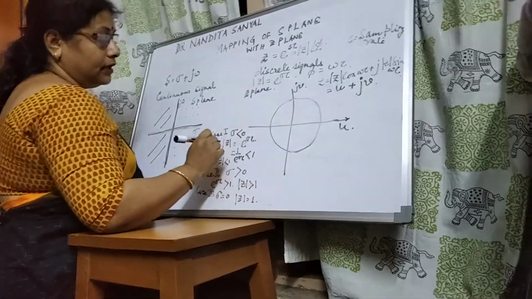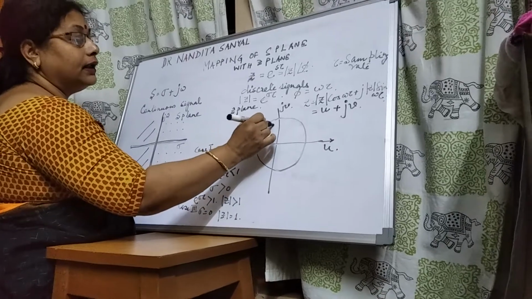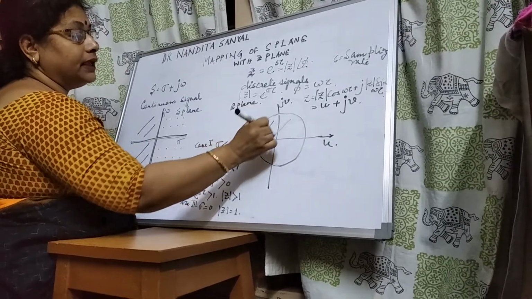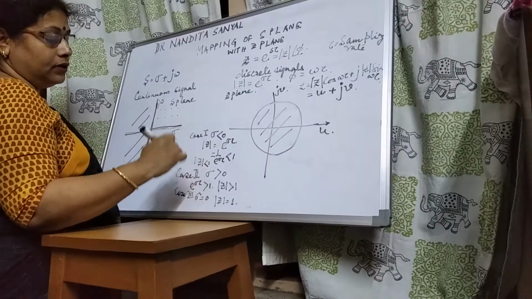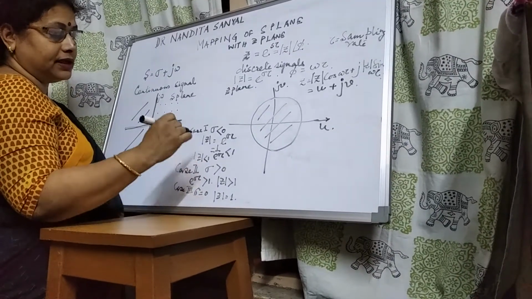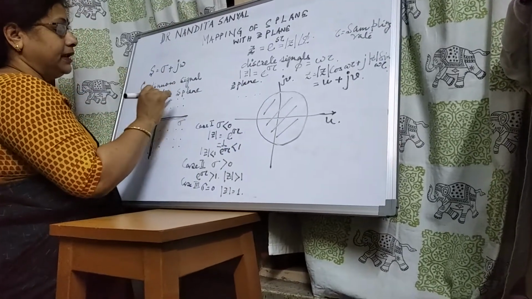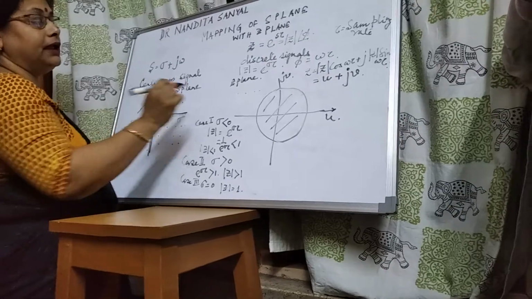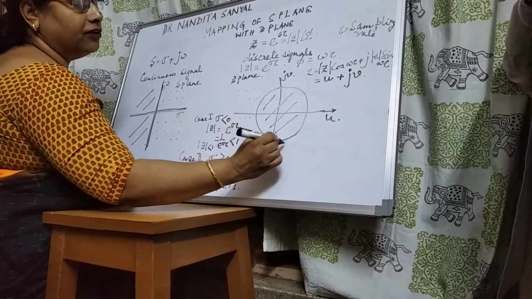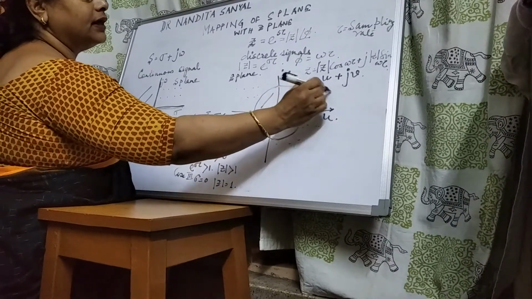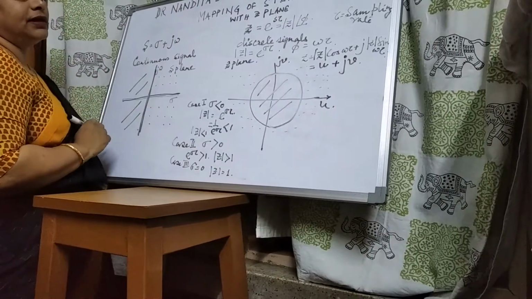In case 1, when mod Z is less than 1, it will be inside this circle. When mod Z is greater than 1, that means in the S-plane it is the right half, which represents the exterior part of the unit circle.